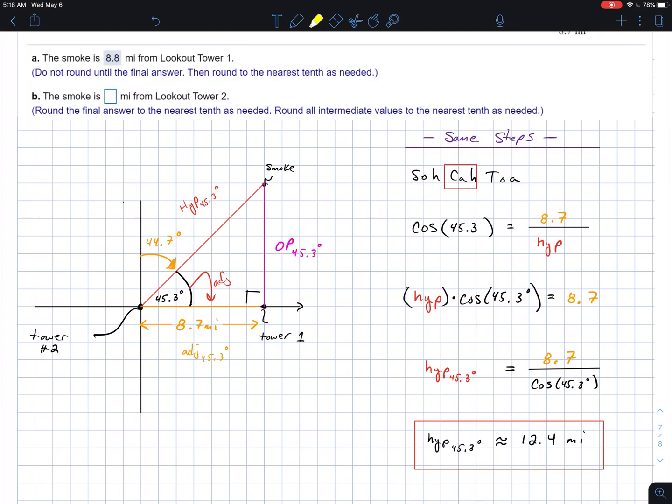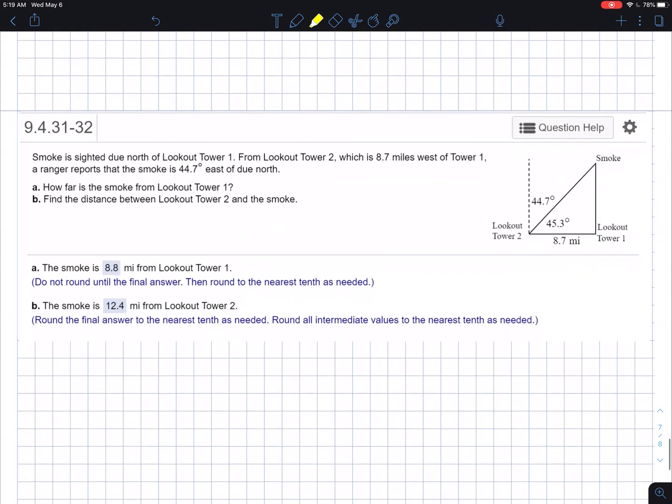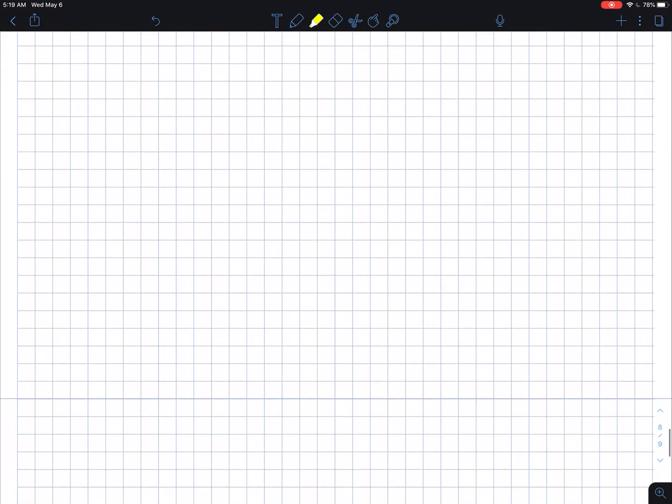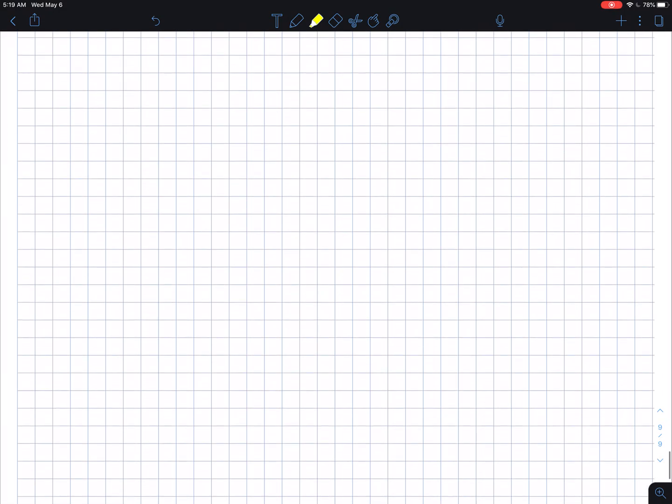And then I divided both sides by the cosine of 45.3, the angle in question that we were talking about, and came up with an approximation of 12.4 miles. Once we do that, we record it, and we got it right. Okay, and as you can see, we're done.